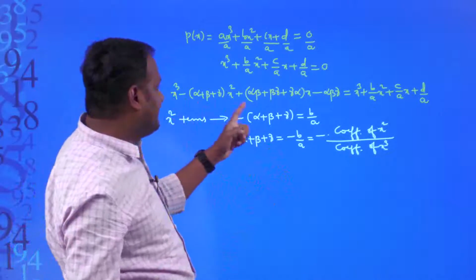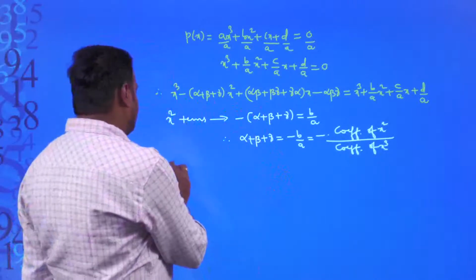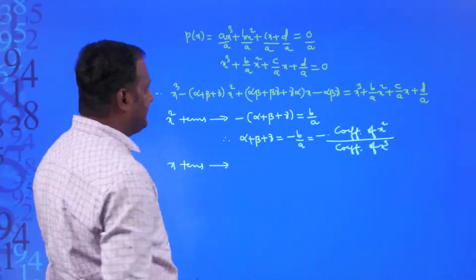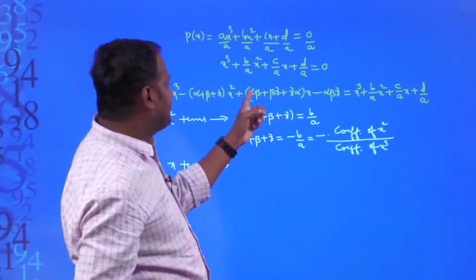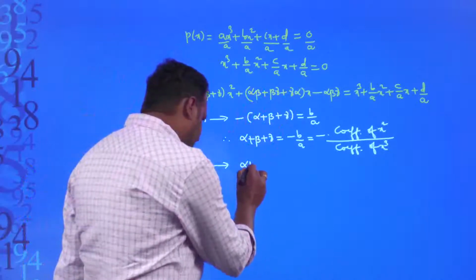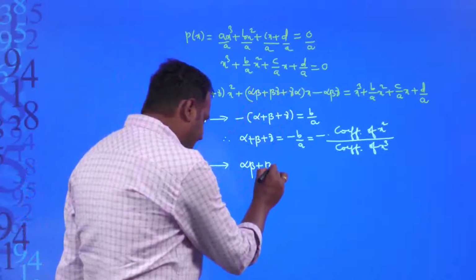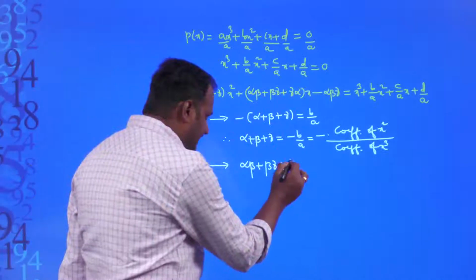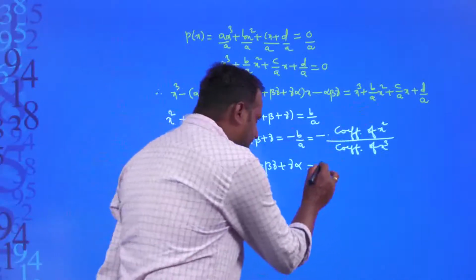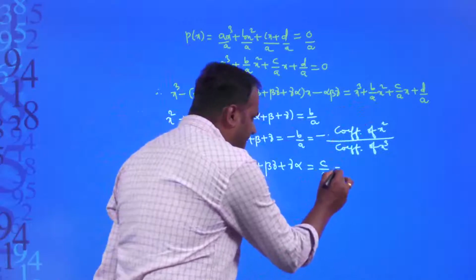Next, after comparing x square terms, now let us compare x terms. So when you compare x terms, here x term is alpha beta plus beta gamma plus gamma alpha. So alpha beta plus beta gamma plus gamma alpha is equal to, here x term is c divided by a, right?